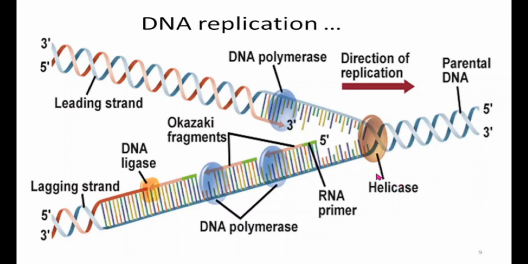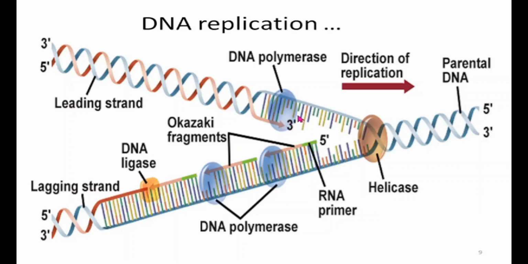Here is helicase, the enzyme which is opening the DNA in this direction, and this old strand is 5 prime. Here the new growing strand of the DNA is in the 5 to 3 prime direction at this end.